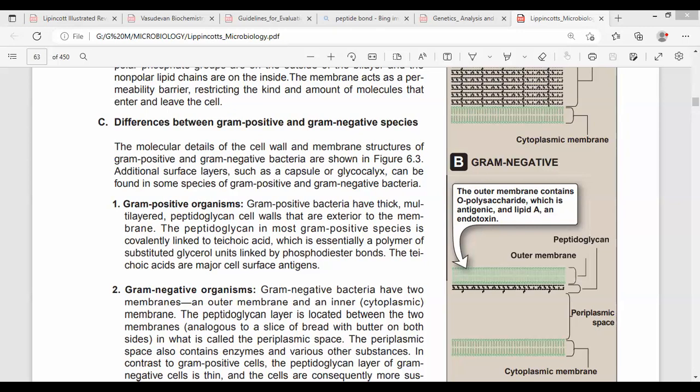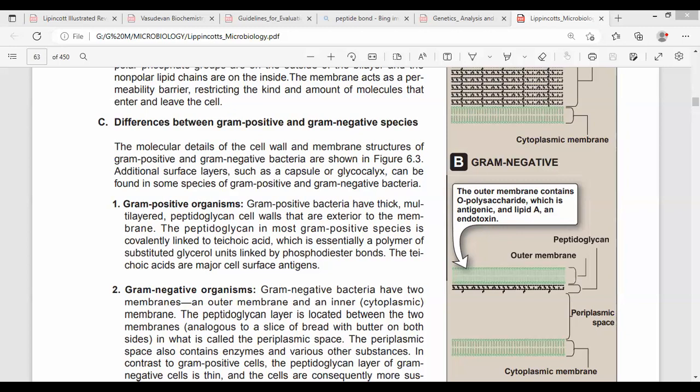Let me project the screen, the diagram, so that it's easy. From the word lipo, lipoteichoic acid tells us there's a lipid somewhere, while teichoic acid has no lipid.